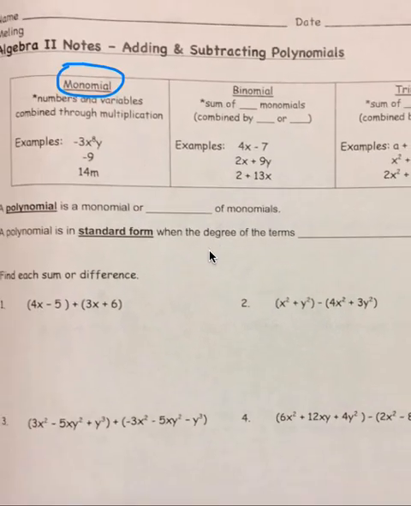A binomial is the sum of two monomials combined by adding or subtracting. So you can see 4x minus 7, 2x plus 9y, and 2 plus 13x are all examples of binomials. There are two different monomials, or two different terms, separated by an addition sign or subtraction sign.